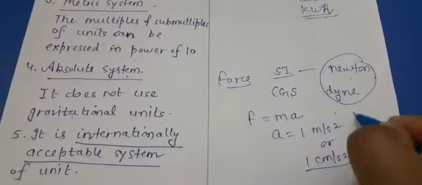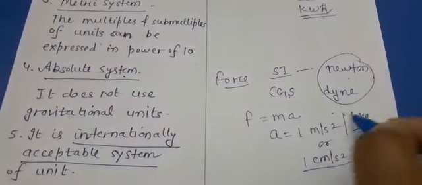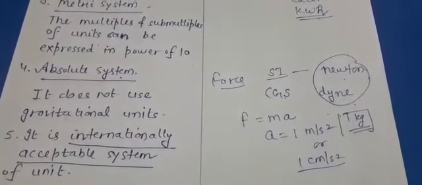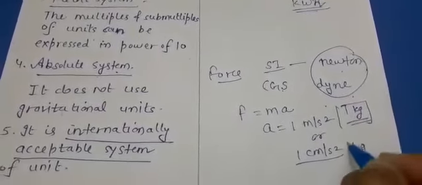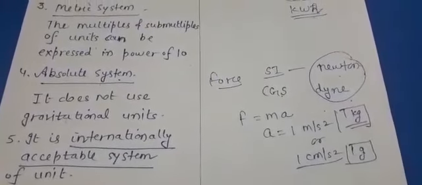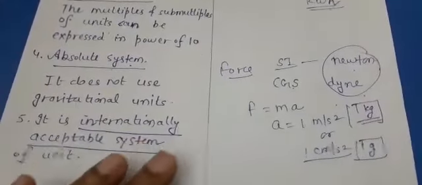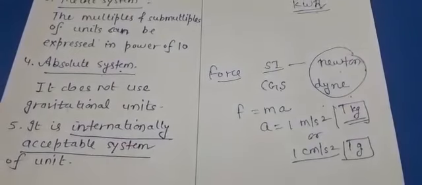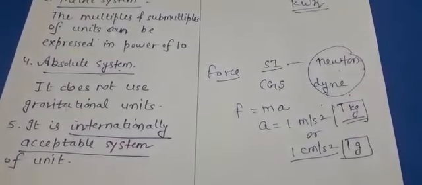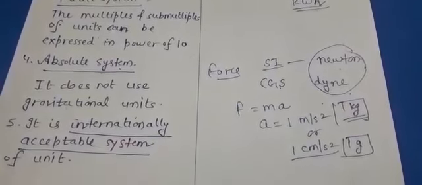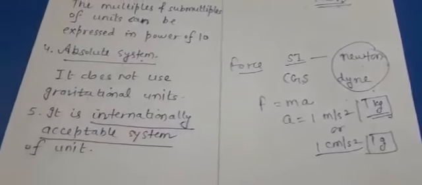For a body of mass 1 kilogram, we define 1 Newton, or for a body of mass 1 gram, we define 1 dyne for CGS. Actually this concept will come in detail in laws of motion, our third unit. But for the time being, I am explaining the concept of absolute system.